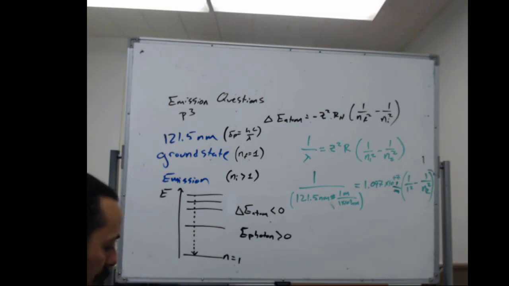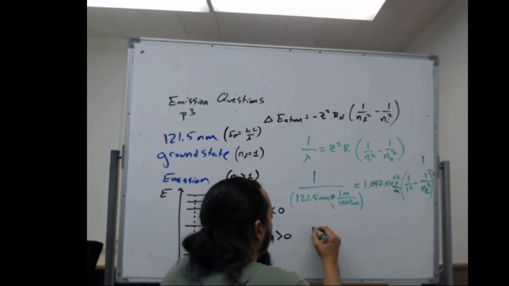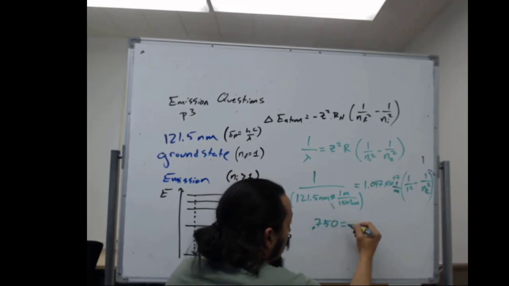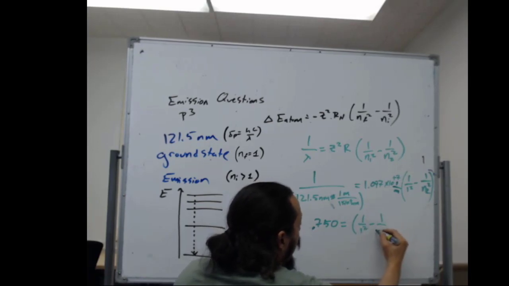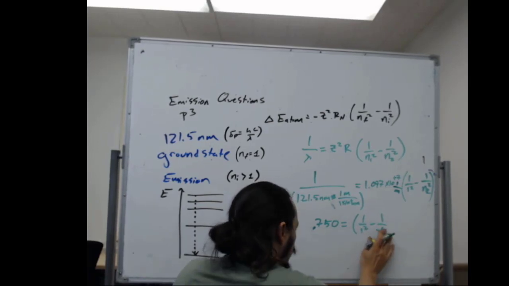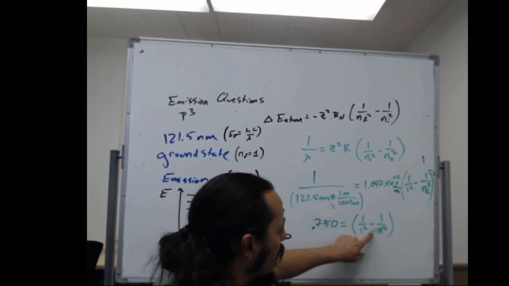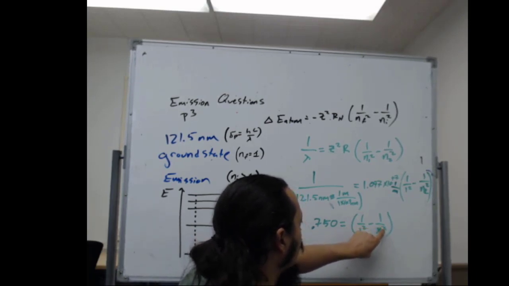Divide by 1.097 times 10 to the 7 equals 0.750, which is equal to 1 over 1 squared minus 1 over x squared. Sorry, I'm going to call it x squared because that's what we're solving for. We've all taken enough math classes that we're just programmed in our brains to solve for x.